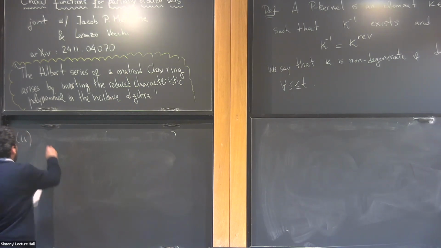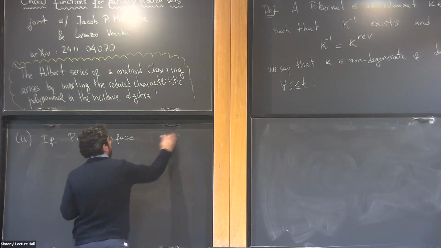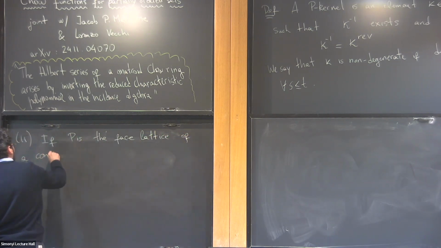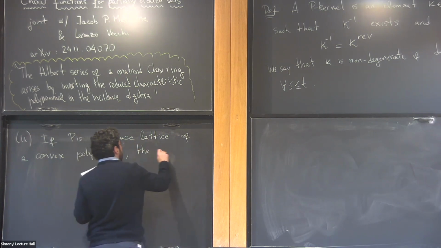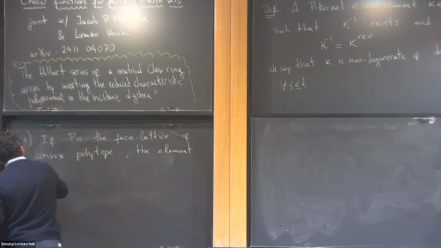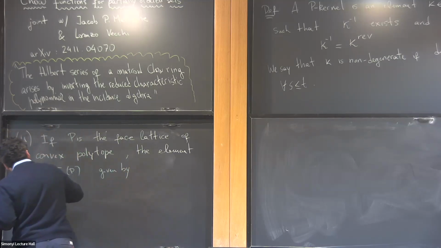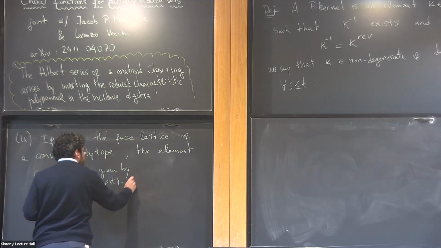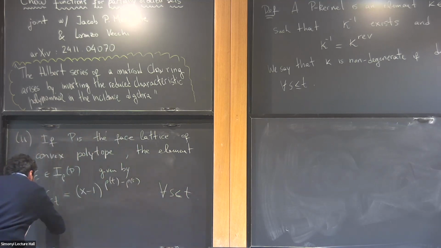Whenever P is the face lattice of a convex polytope, the element epsilon in I(rho, P) given by epsilon(s,t) equals the polynomial (x minus 1) to the rho of t minus rho of s, for all s smaller than or equal to t, is a P-kernel.